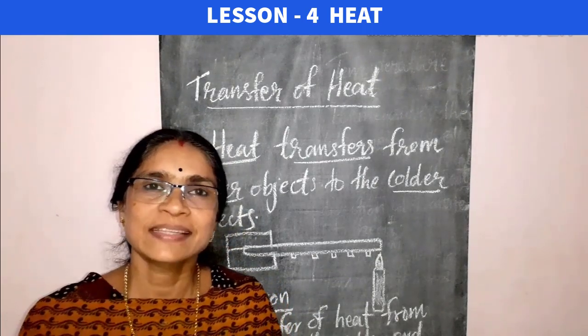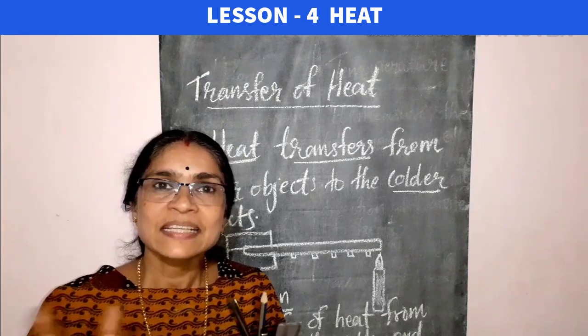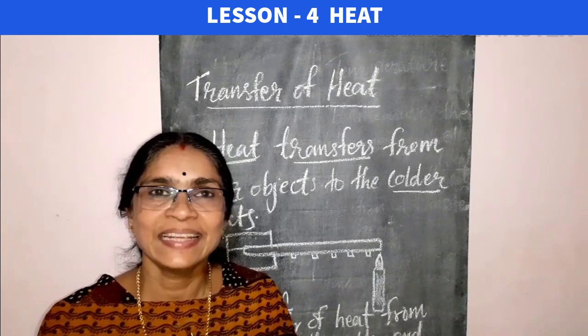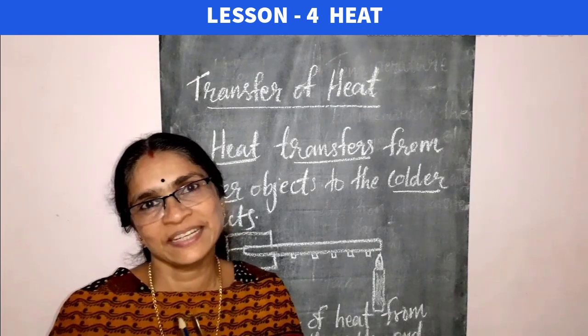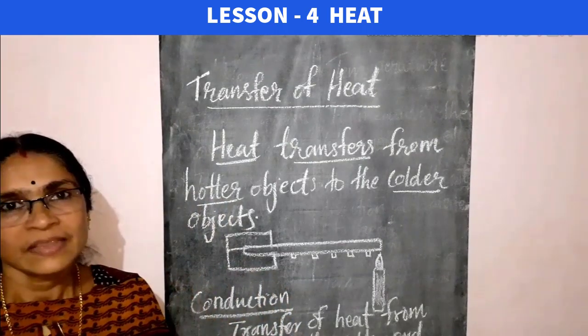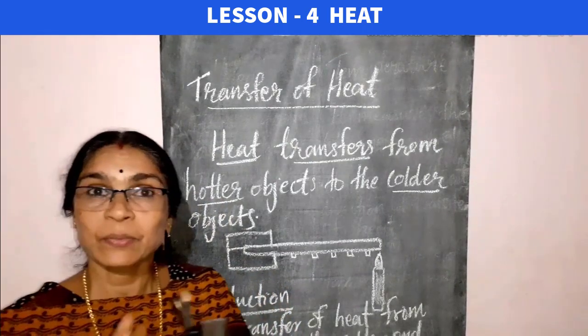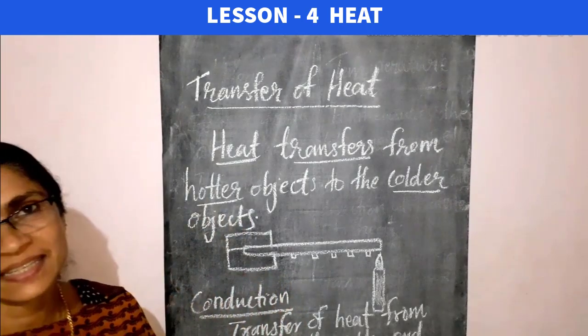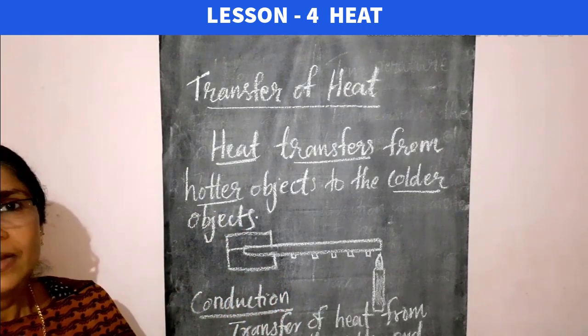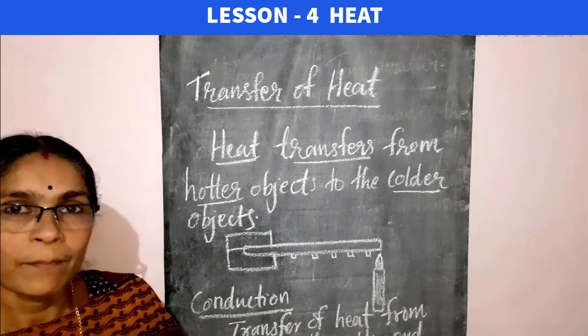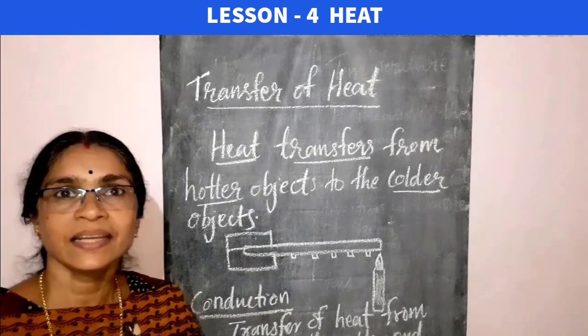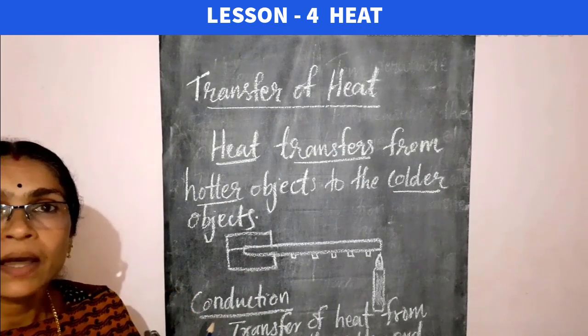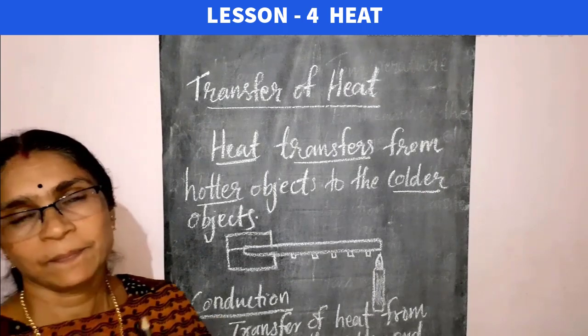This is because substances transfer heat at various speeds. The speed of transfer or passage of heat is different in various substances. Some substances pass heat very easily, whereas some pass it very slowly.